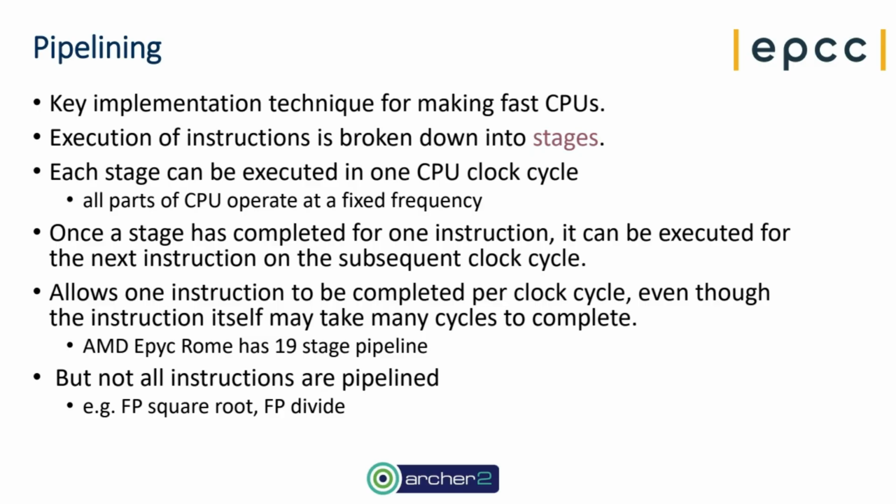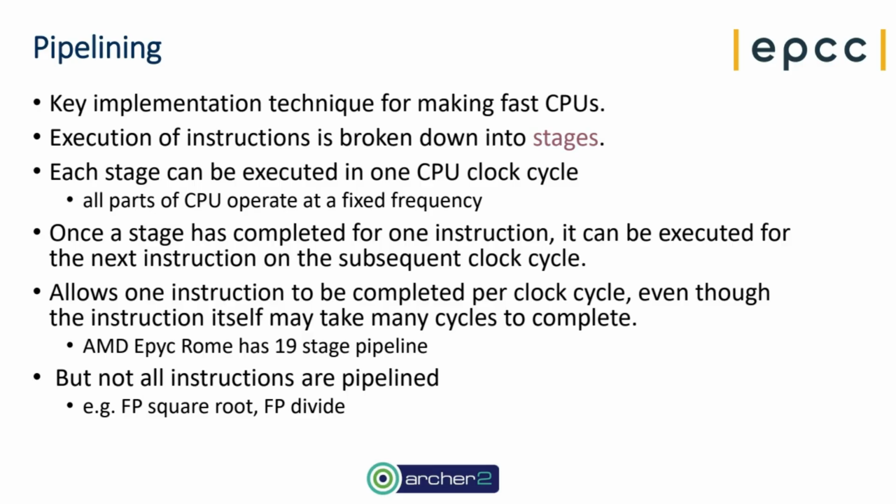So if your code contains lots of divides and square roots, they are expensive operations. That's because they take lots of clock cycles to execute, typically something like 20 or 30 clock cycles to do a divide or a square root, but only one of those instructions can be happening at a time.